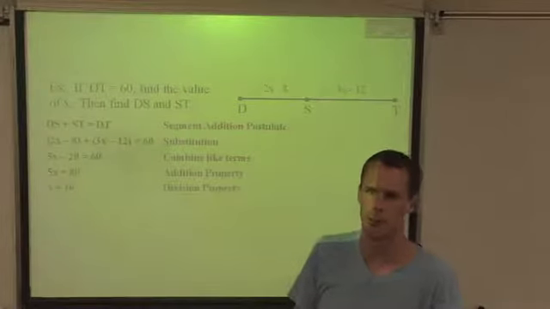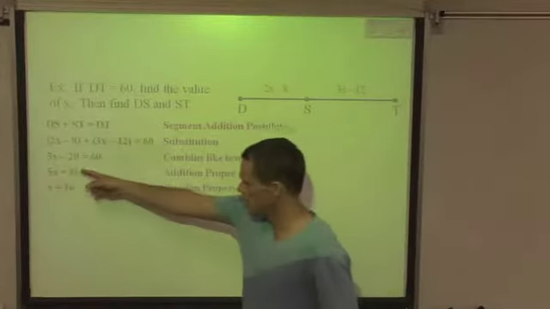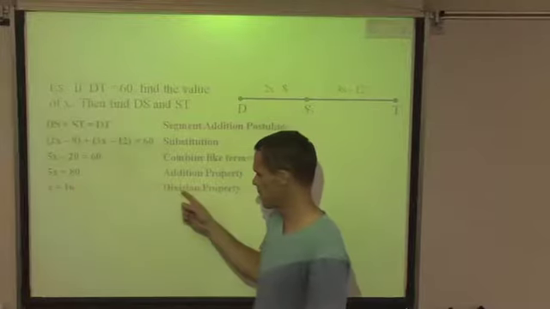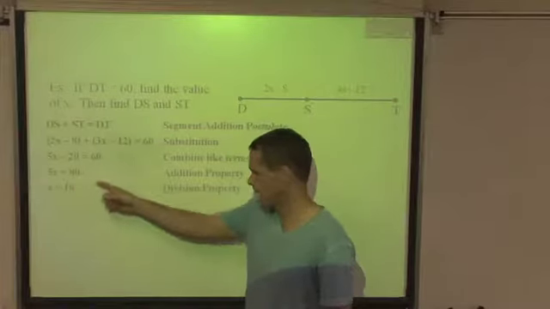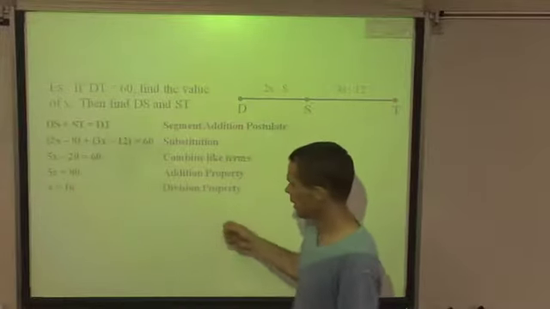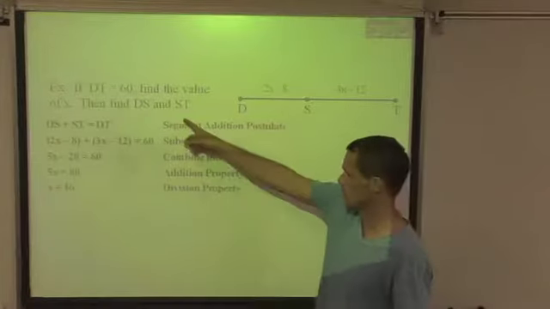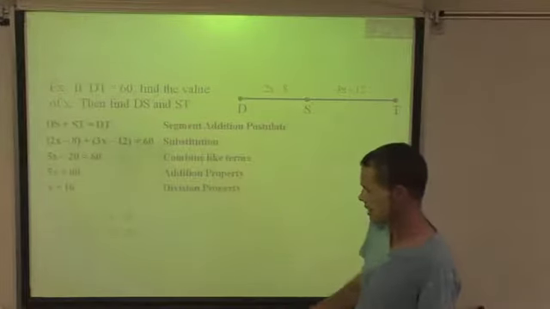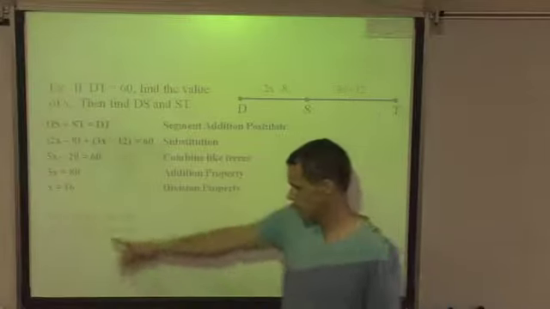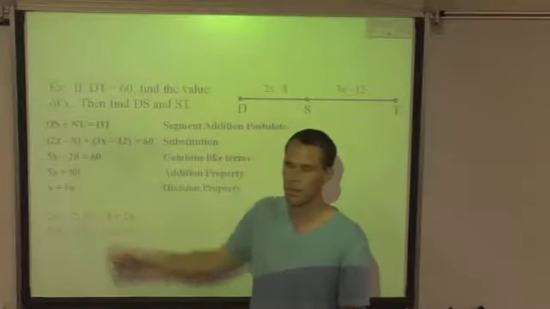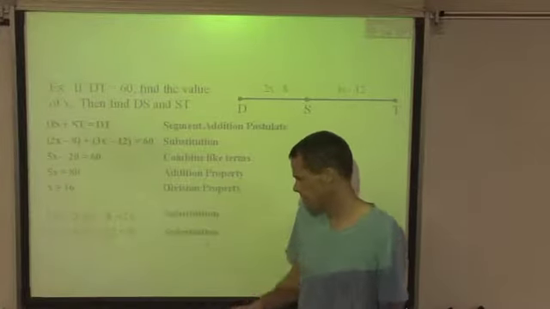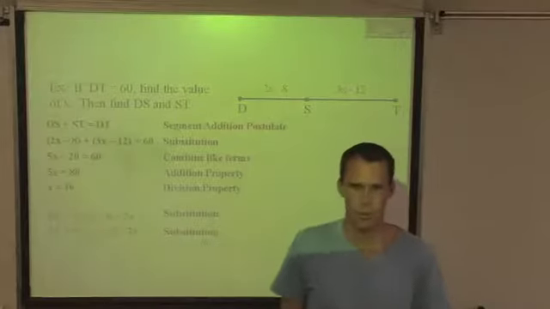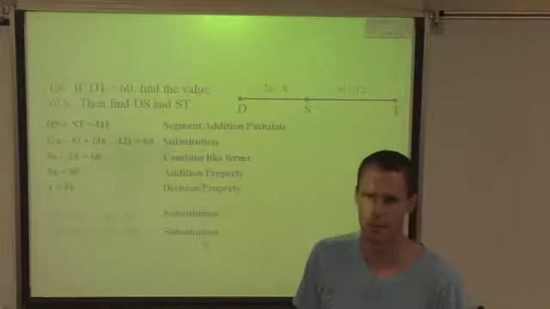This is the division property. If, then, because. If, then, because. Now finally, we found x equals 16 and we wanted to find DS and ST. So DS was 2x minus 8 and I put in 16. My justification here for both of these would be the substitution property.